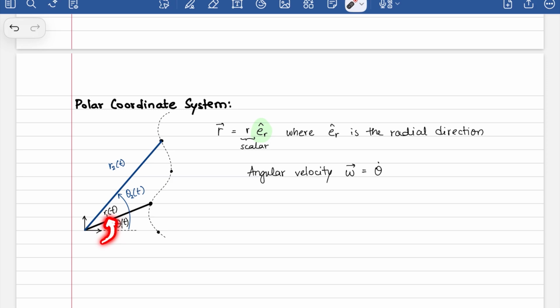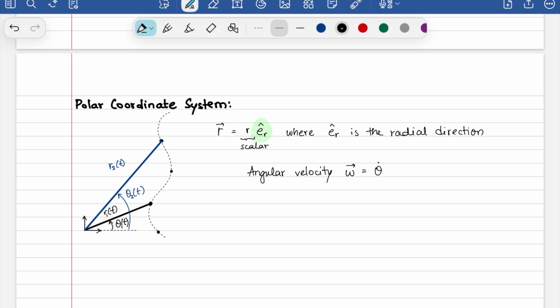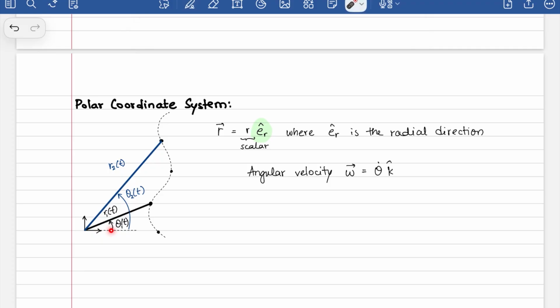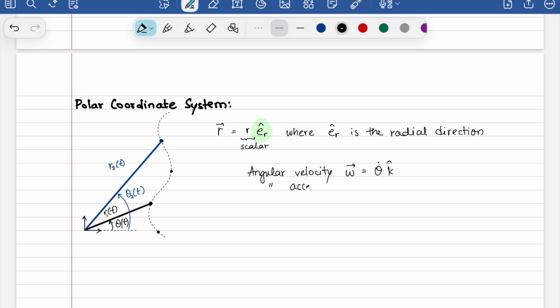If you do that, your thumb would be pointing outward, that's along the k hat direction. So this here is the case as shown. So this is theta dot k hat is your angular velocity. Of course, as an extension of that, angular acceleration, which is given by alpha vector, is equal to theta double dot k hat, or you might write this as alpha k hat, where alpha is a scalar value, and the above one as omega k hat, where omega is a scalar value.